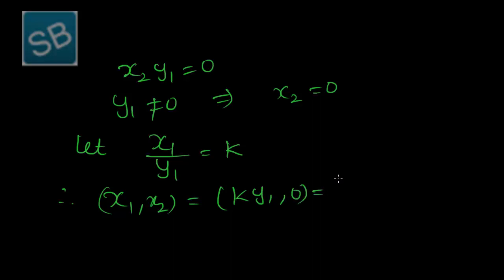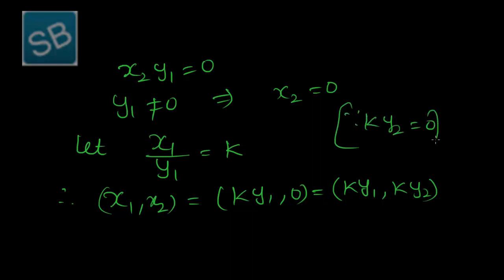As x2 is 0, and y2 is 0, this value can be k y2, because y2 is 0, so k y2 is also 0. Therefore, we replace here 0 by k y2. So we get k times (y1, y2).